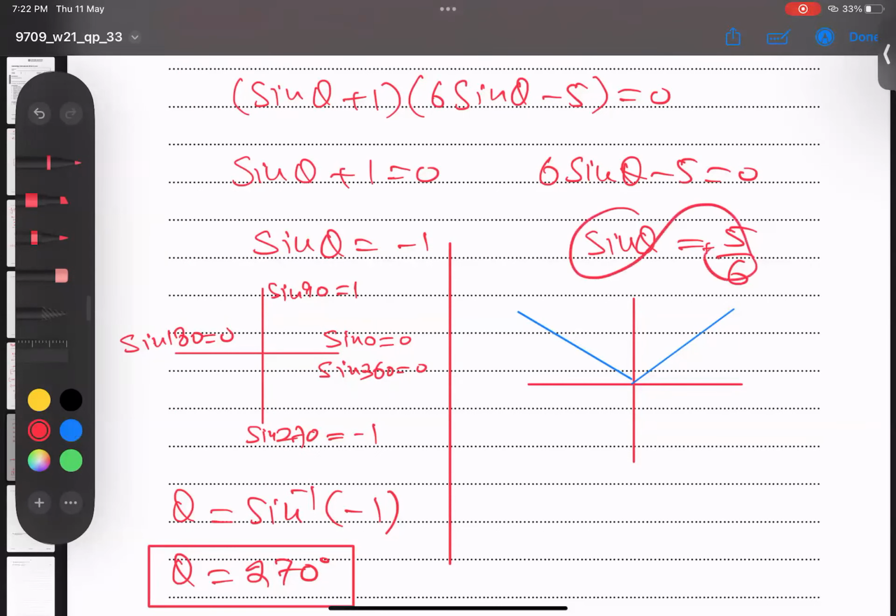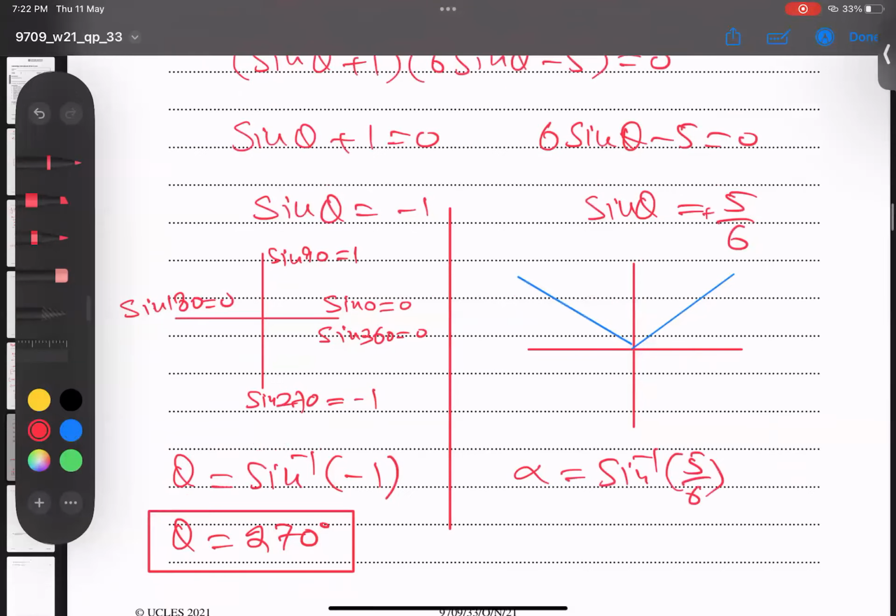Okay, if I take sine inverse of this, I call theta the principal angle. So when I find the principal angle, I get 56.4. So this angle is 56.4. This angle is 56.4. What is the rule of measurement, students? Start from the positive x-axis, move anti-clockwise till the line.